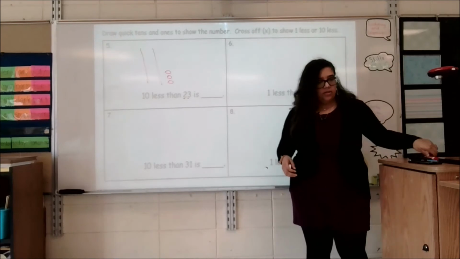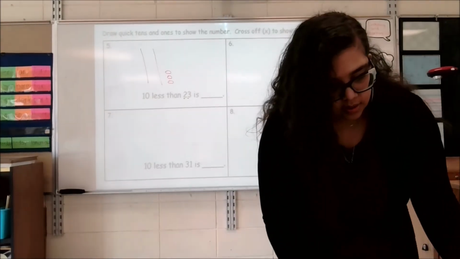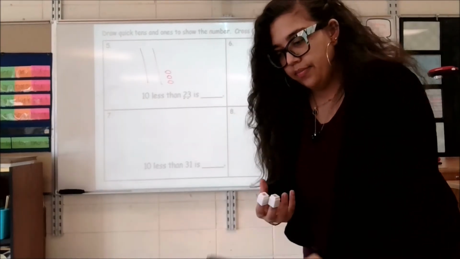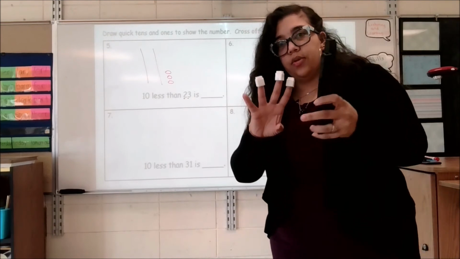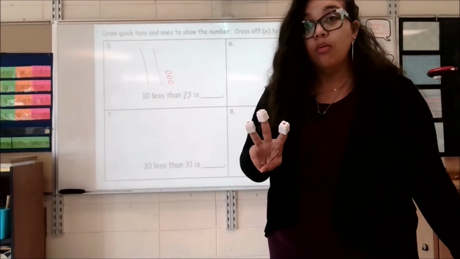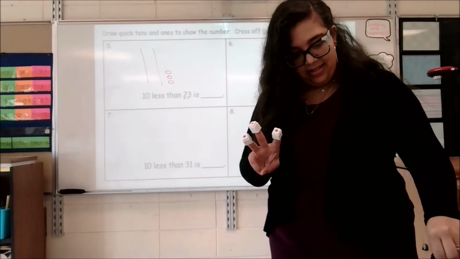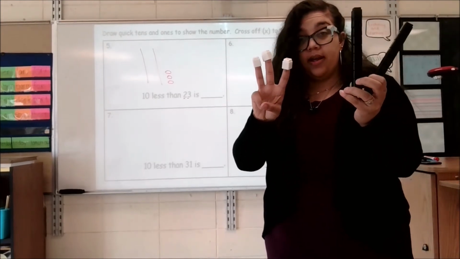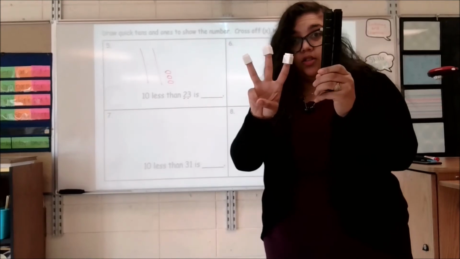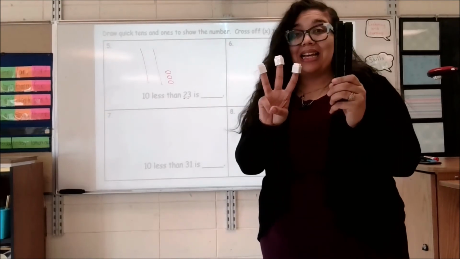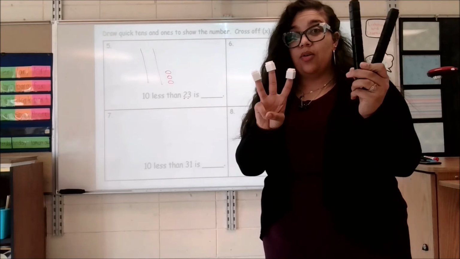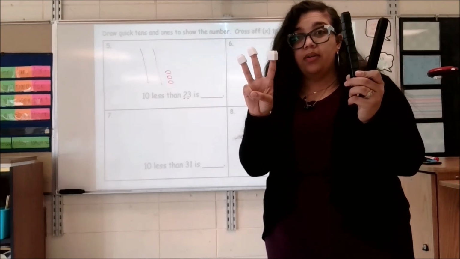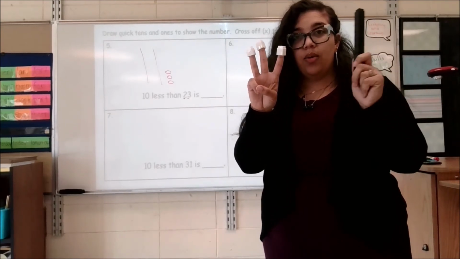If it's 10 less, let me show you with the cubes. Here we see 23, right? We've got 2 groups of 10 and 3 ones. When it says 10 less than 23, am I taking away a group of 10 or am I taking away a 1? I'm taking away a group of 10.